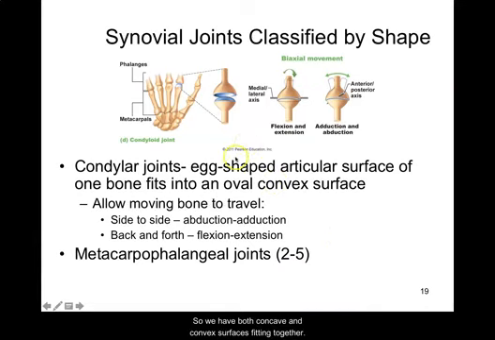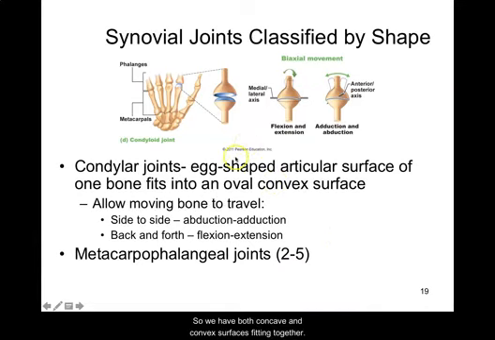The knuckles that are located at the proximal end of each finger, this is referred to as your metacarpophalangeal joint. The metacarpal 2 is articulating with proximal phalanx 2 right here. That is your metacarpophalangeal joint for digit 2, digit 3, digit 4, digit 5. These are all considered condylar joints.